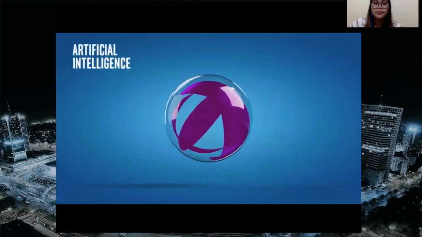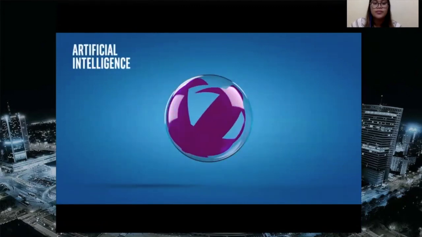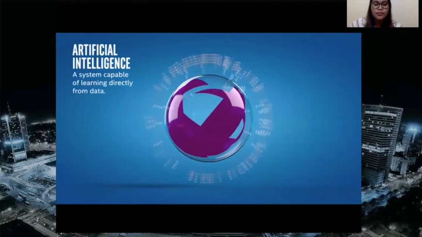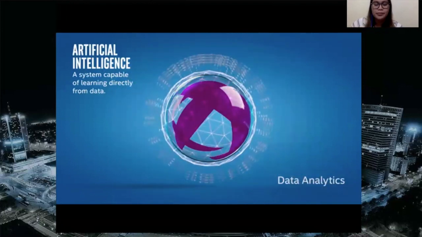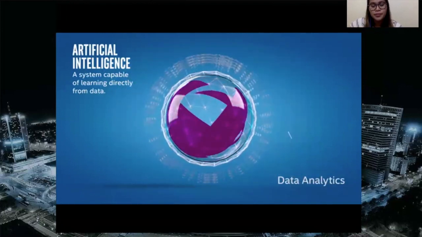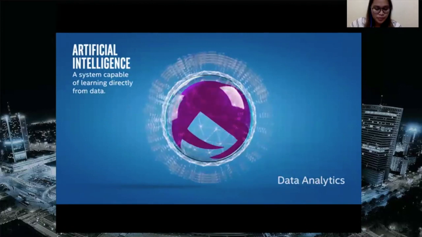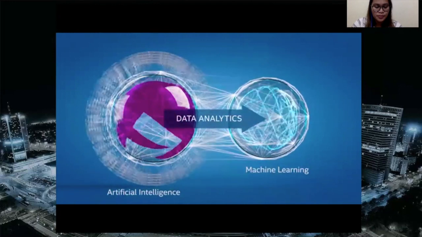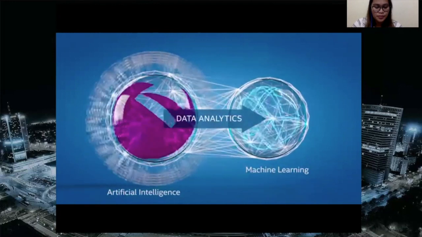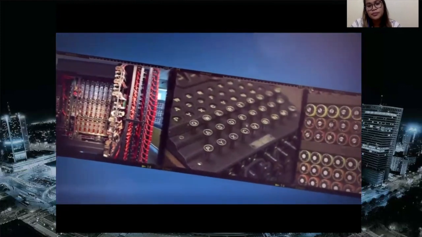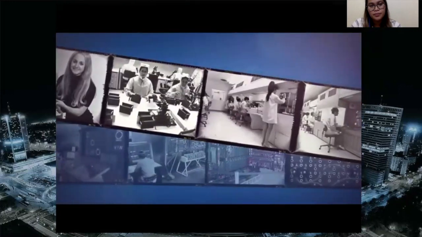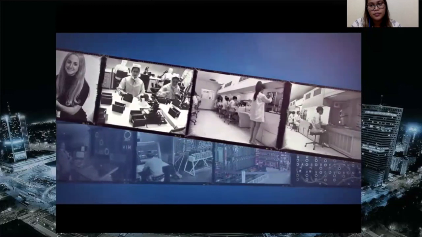Artificial intelligence refers to the broad category of computing in which a system is capable of learning directly from data, a capability made possible by the advent of data analytics and applied either through a set of rules that are evolved over time through human intervention with the system, or increasingly through the process of machine learning, in which the system expands its ability to process and use information without the need for additional human intervention. While the broader concept of artificial intelligence has been around since the 1950s, it was the introduction of machine learning in the 80s that brought the first real wave of significant advancements to the field.